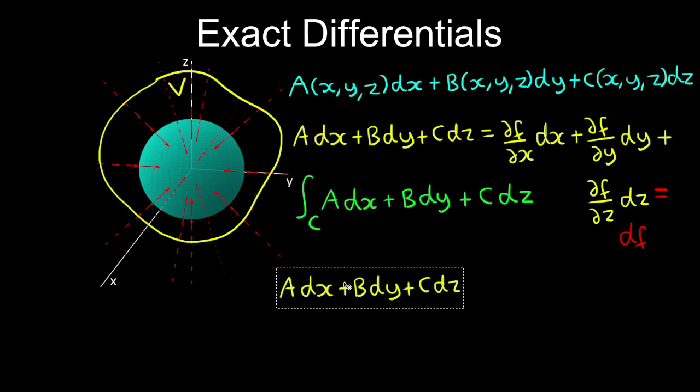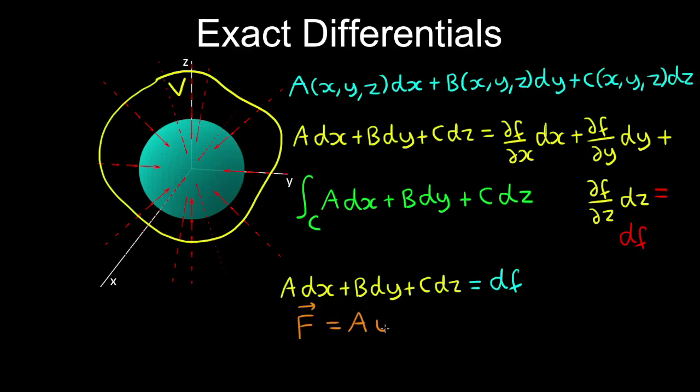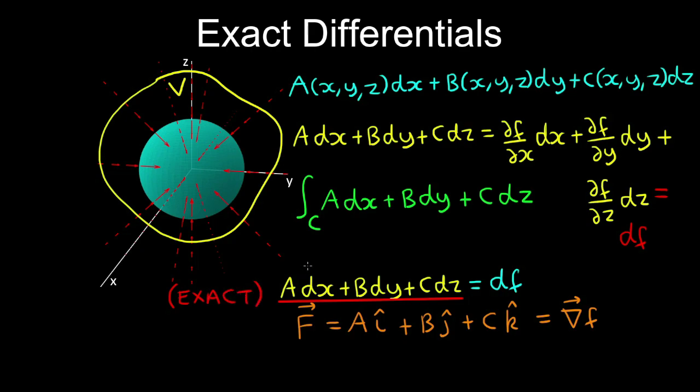So if this differential form is equal to the total differential of the scalar function f on the domain V, then F being equal to the component function a in the i direction plus b in the j direction plus c in the k direction is the gradient field of the scalar function f on V. And therefore this differential form is exact. So therefore the test for determining if a differential form is exact is the same as the component test that we showed for F being a conservative field.